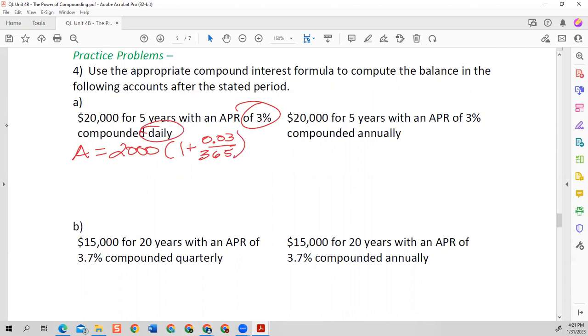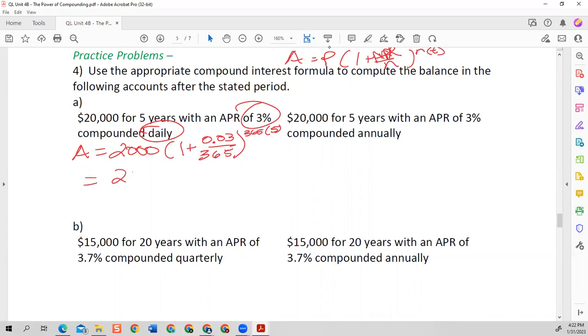Raise it to the power of 365 times the 5. Let me write this formula down because it was right above when we started this. APR over N raised to N times T. All right.